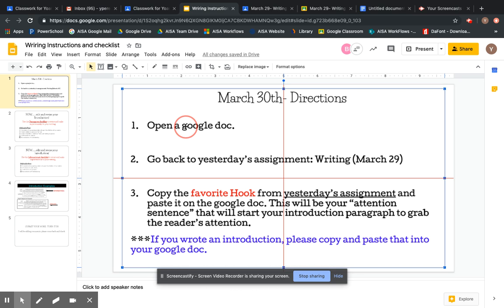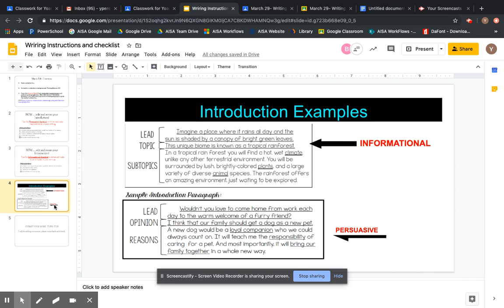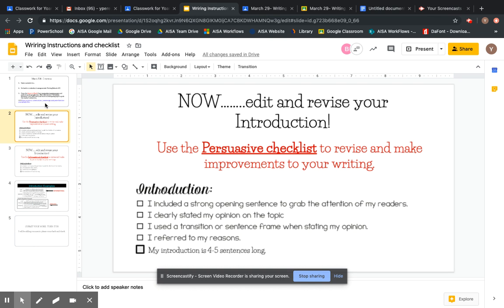Whichever your topic is, rough draft. Because I'm going to comment on it, we're going to edit together, and then at the end, once we have everything edited, it will be your final draft. So you don't have to rewrite it more than once. You're going to type it and then just make corrections along the way. So make sure that you're writing on Google Docs so I can see it, I can help you make corrections, and you can continue using it throughout the entire week.